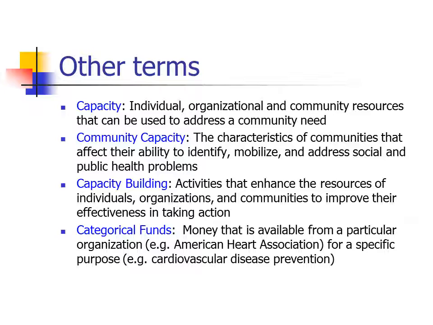advocacy work. And then there's a term called categorical funds. Categorical funds are funds that are earmarked by a particular organization to do something specific. For example, the funding that comes from the American Heart Association all must be devoted towards cardiovascular disease. From time to time, the Georgia Department of Public Health will get funds, and it will allocate funds for specific priorities.